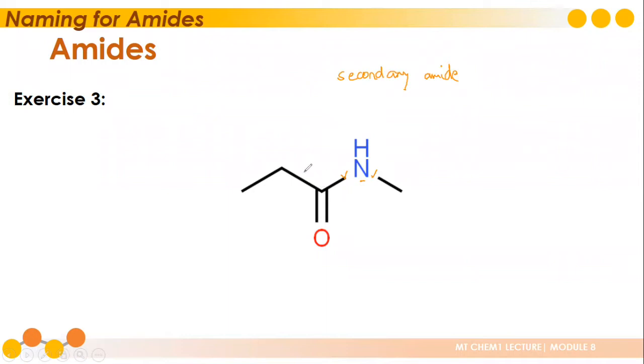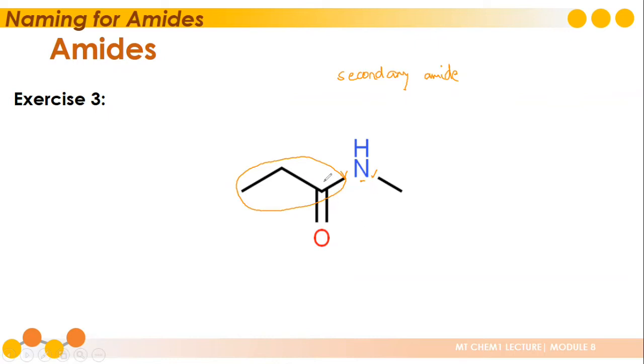This is similar to how you name secondary and tertiary amines. Locate the longest carbon group, which is this one. We will also choose this one because this is where the double bond O is located. This is where the parent carboxylic acid is from.